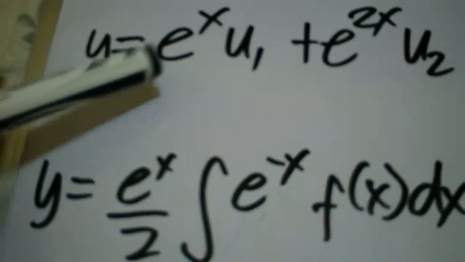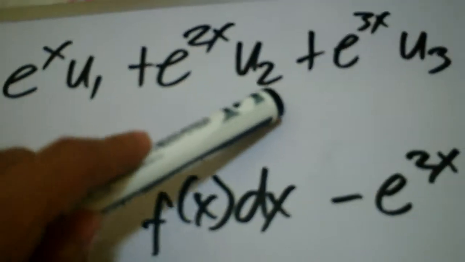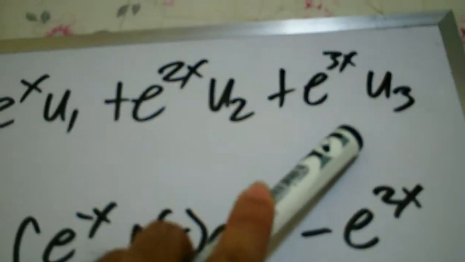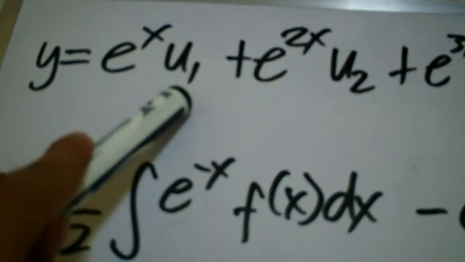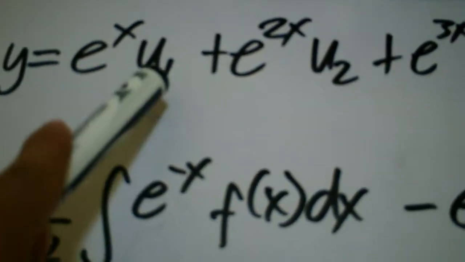From the equation y equals e to the x u1 plus e to the 2x u2 plus e to the 3x u3, this is the form for our final answer.